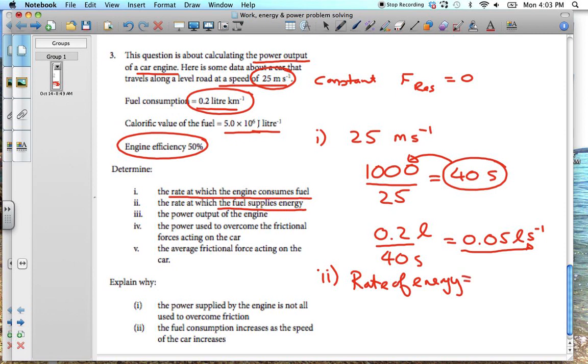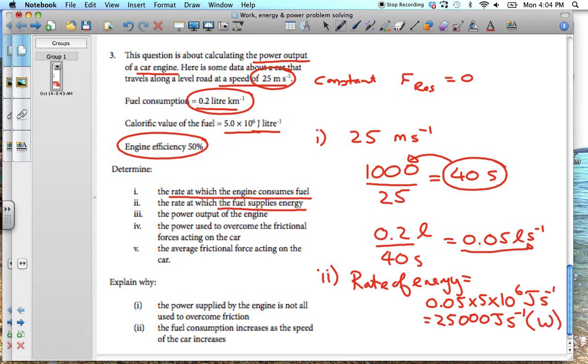So we're going to get 0.05 times 5 times 10 to the 6. That will be the joules that it will produce per second. So it's joules per second. We work it out and I'm going to get 25,000 joules per second. And that we can write as watts, that's the unit of watt.